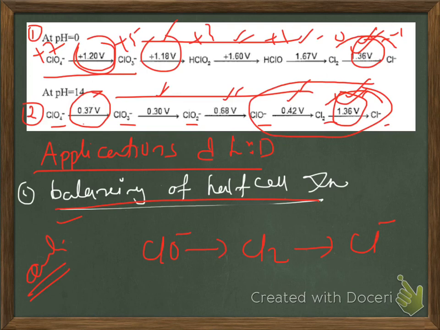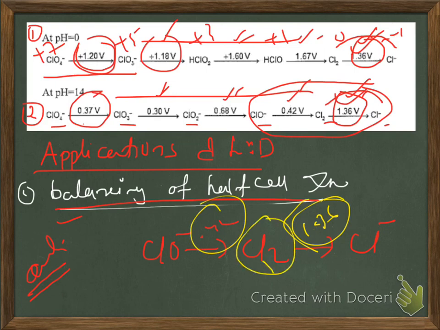Here you have 0.42 and here you have 1.36. The value at the right side is bigger than the left side. Then Cl2 will be unstable and disproportionate to Cl minus and ClO minus.